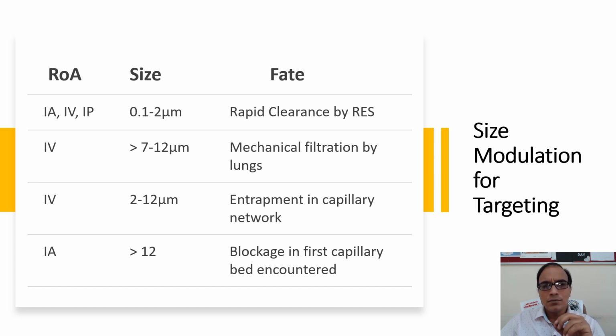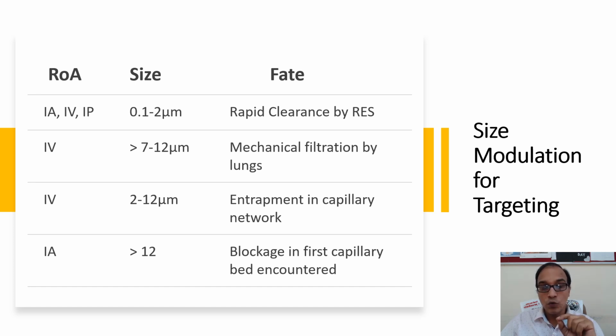When we want to target, through intraarterial, intravenous or intraperitoneal routes, if you keep the size 0.1 to 2 micron of that particular delivery system, microparticle or nanoparticle, then it will be rapidly cleared by the RES. So we can do the RES targeting with this much size through any route. If we go for the IV route, if we keep the size more than 7 to 12 micron, then mechanical filtration by lungs occurs.